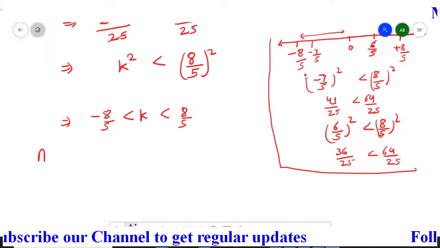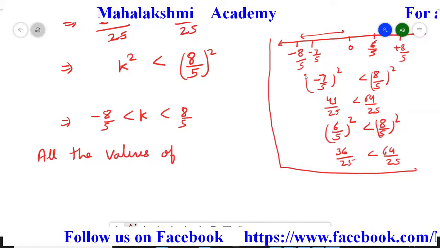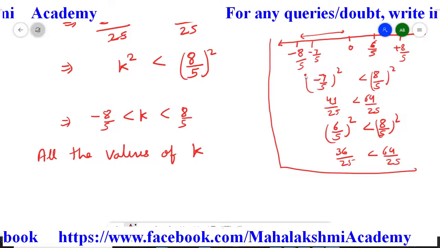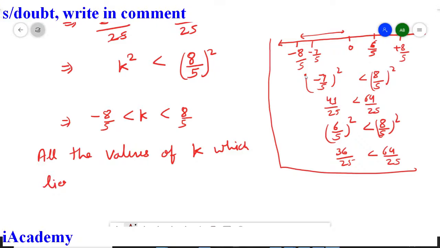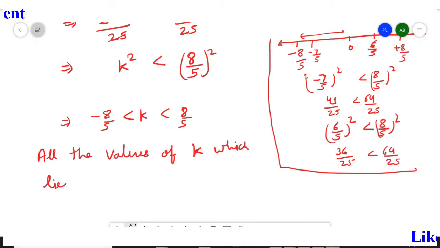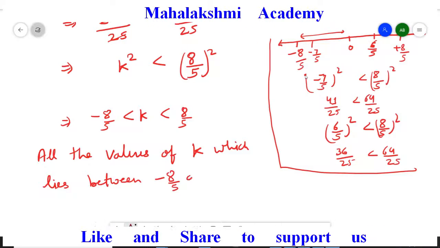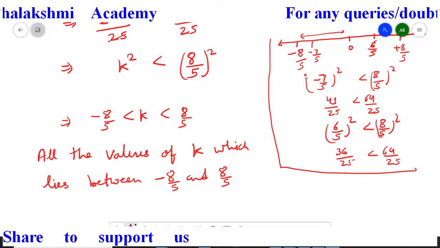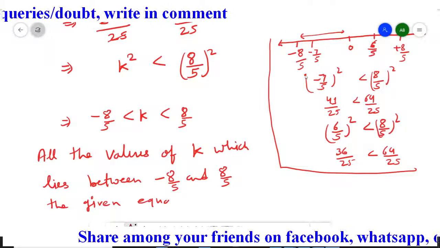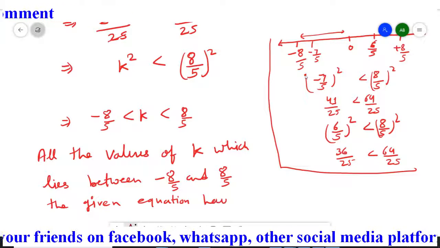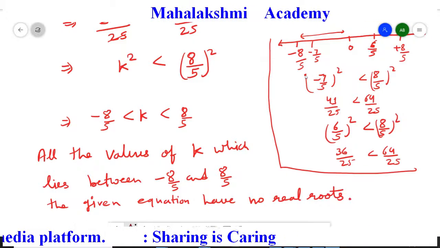So it's going to be all the values of k which lie between minus 8 upon 5 and 8 upon 5, the given equation has no real roots. So that's our answer.